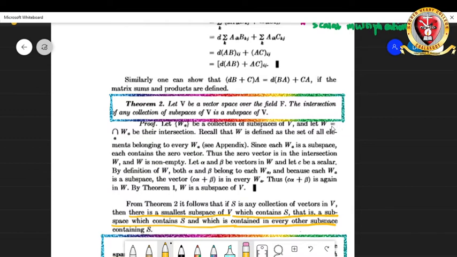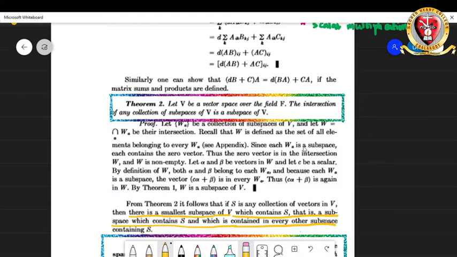Let W equal the intersection over a of W_a. So how did we define capital W? W is the set of all elements which belong to every set W_a. So you have to prove that this W is a subspace of V.